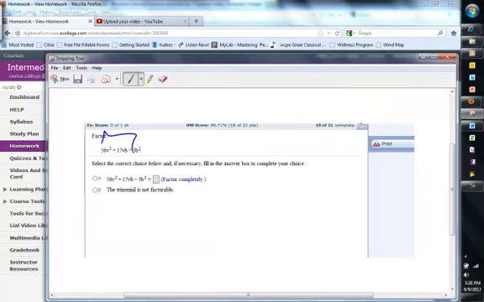So 56 times 3 is 168. What two numbers multiplied equal 168 and are 17 apart? Let's see. 5 and 22? Let's try that. 5 times 22 is 110. 6 times 23 is 138. 7 times 24 is 168.